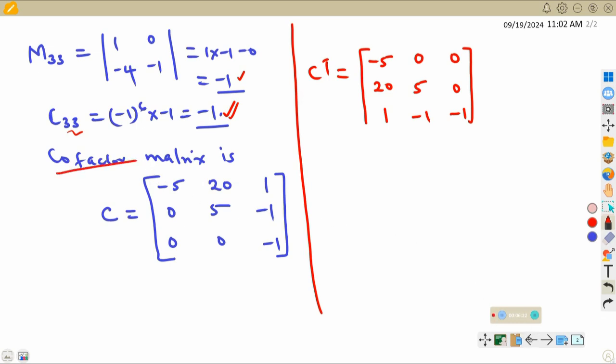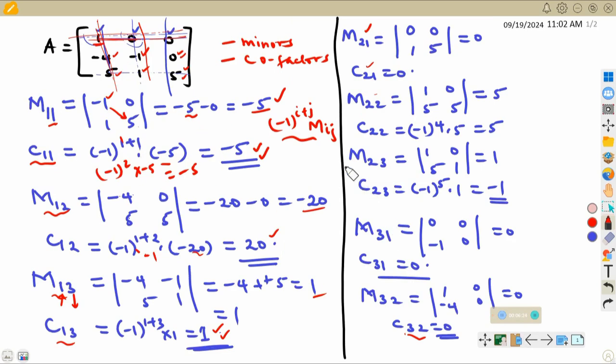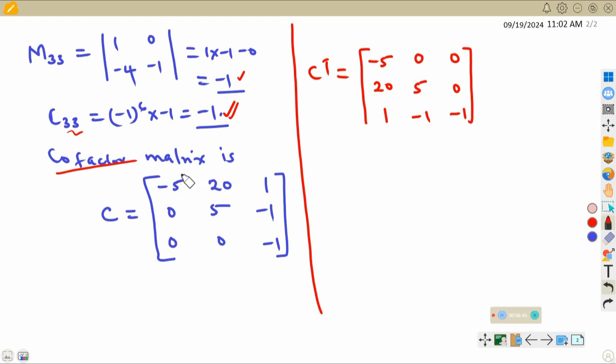and the cofactor matrix will contain the cofactors of each entry. We begin with -5, then we shall have 20, then 1. So in the first row we have -5, 20, 1.